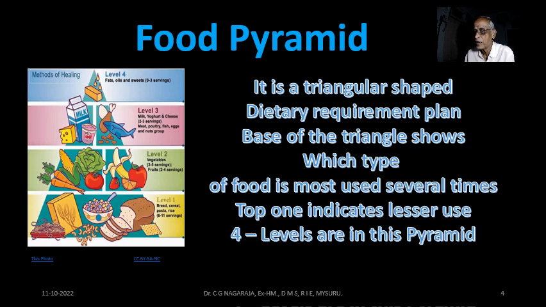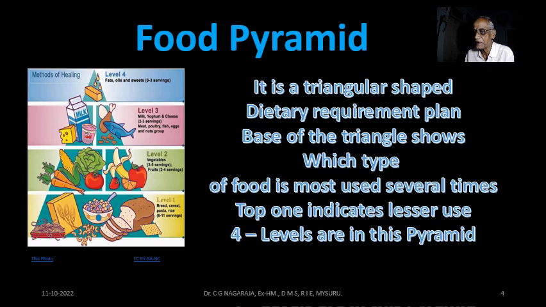And then come the proteins, especially from animals. If somebody is eating eggs or animals for their food, they will eat only once or twice, not all the time. And finally, things like oil, butter, ghee are used very rarely.